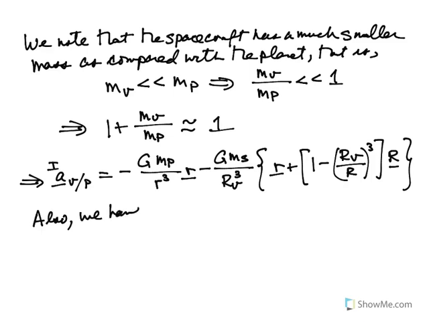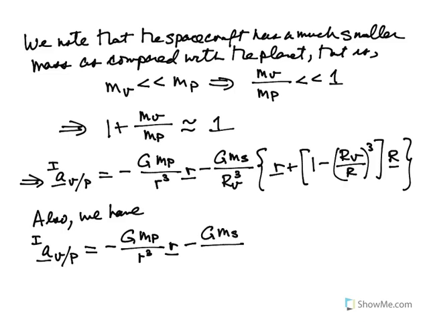So we also have the following, which is the acceleration of the spacecraft relative to the planet is equal to minus g times the mass of the planet, all divided by r cubed times r, minus g times the mass of the sun, all divided by big R cubed times r, which is equal to what I'm going to call the acceleration of a sub p plus p sub s.